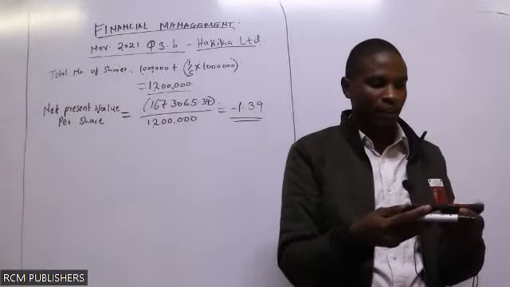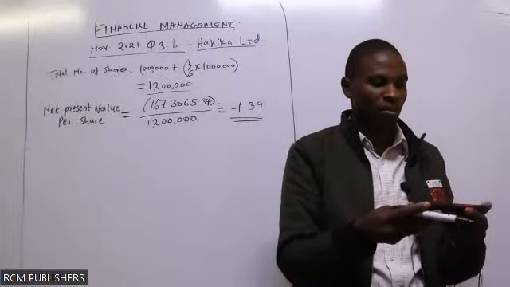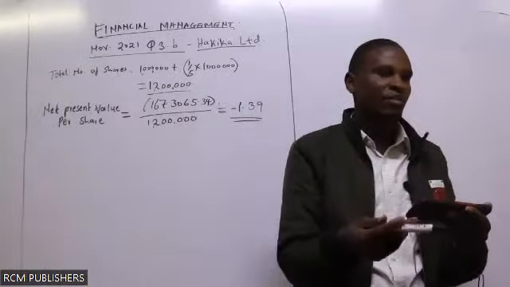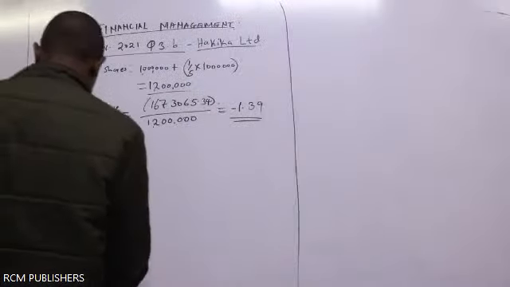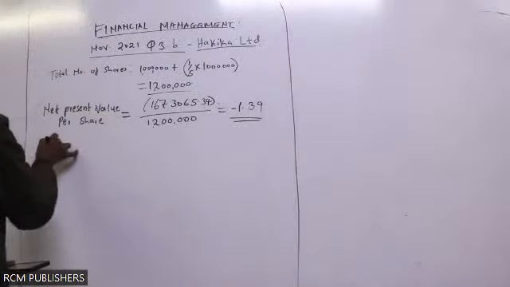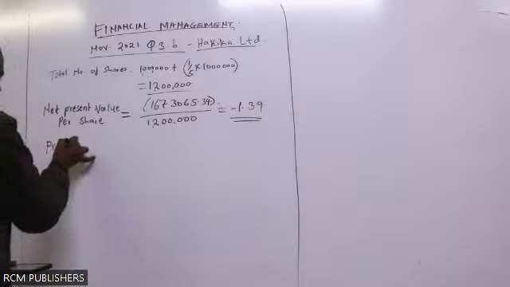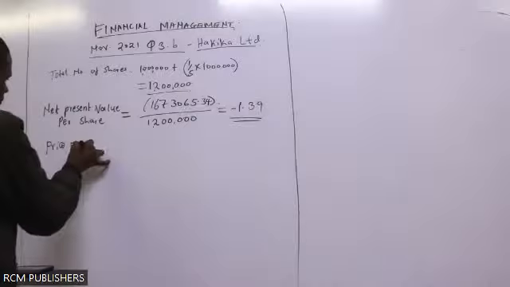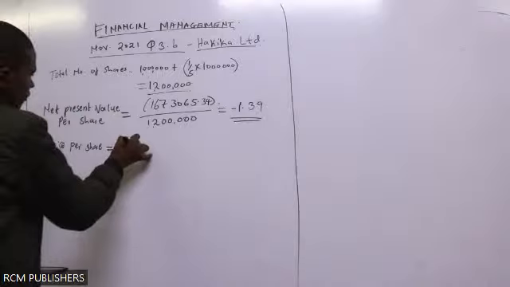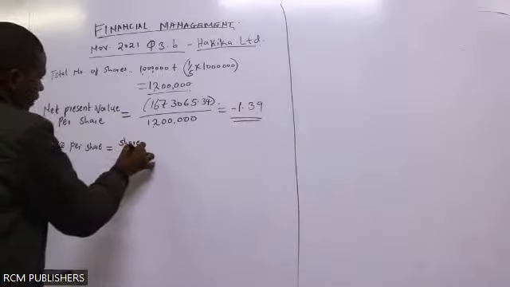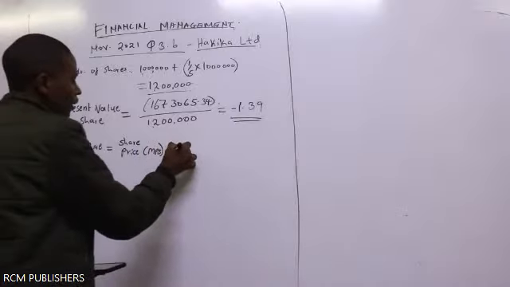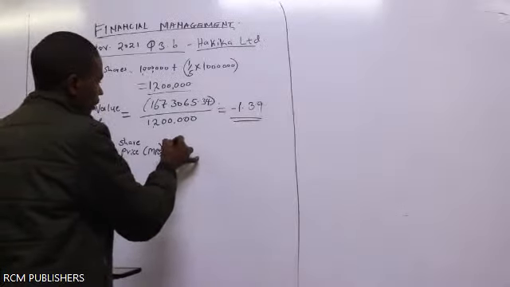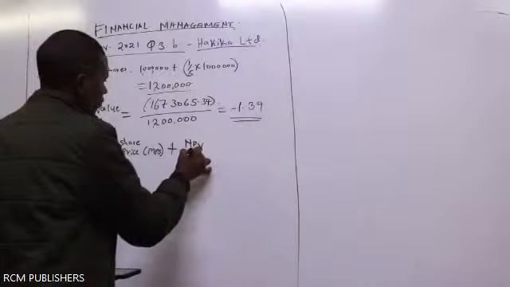You pick the market share price, and then you add the NPV per share.